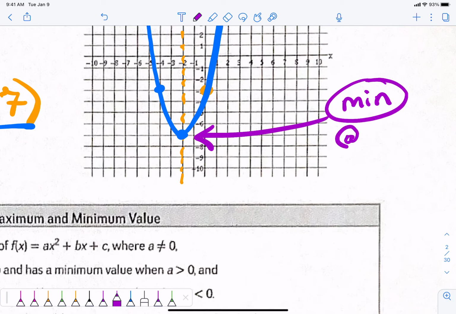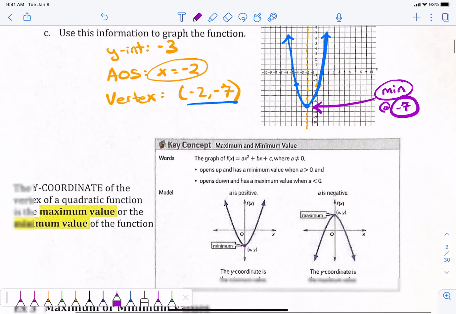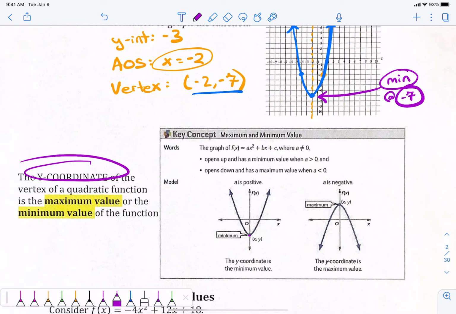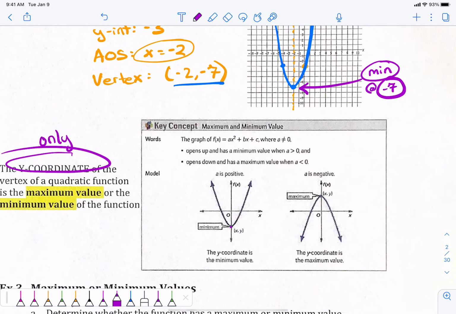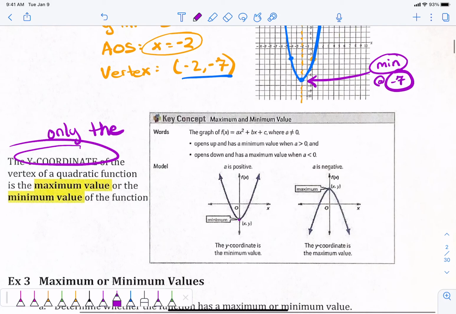Now, when we're looking for the minimum, we're only looking for the y-coordinate. Like, how low does he go? -7. So he has a minimum at -7. We only care about the y-coordinate. Okay? So that's what it says over here. The y-coordinate is either going to be a maximum or a minimum. Circle that. Only the y-coordinate. It's saying how high does it go or how low does it go? Right? How high or how low?